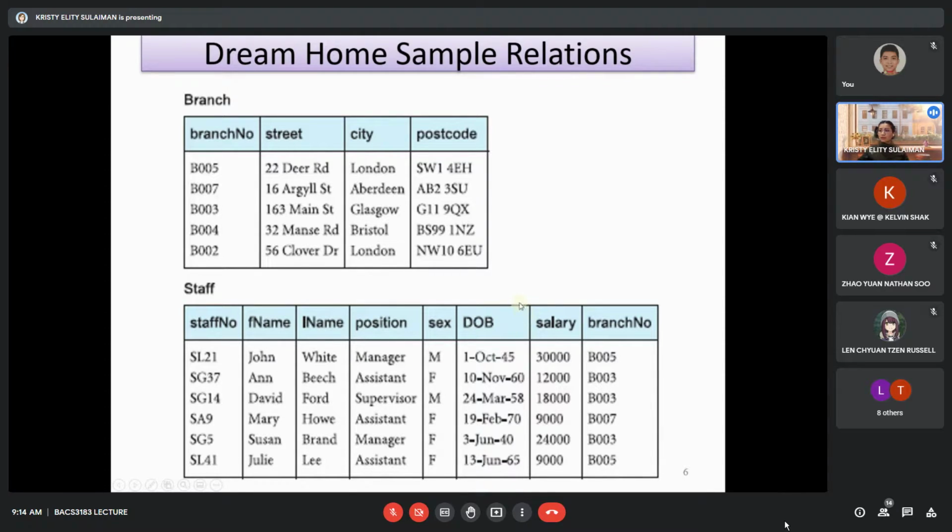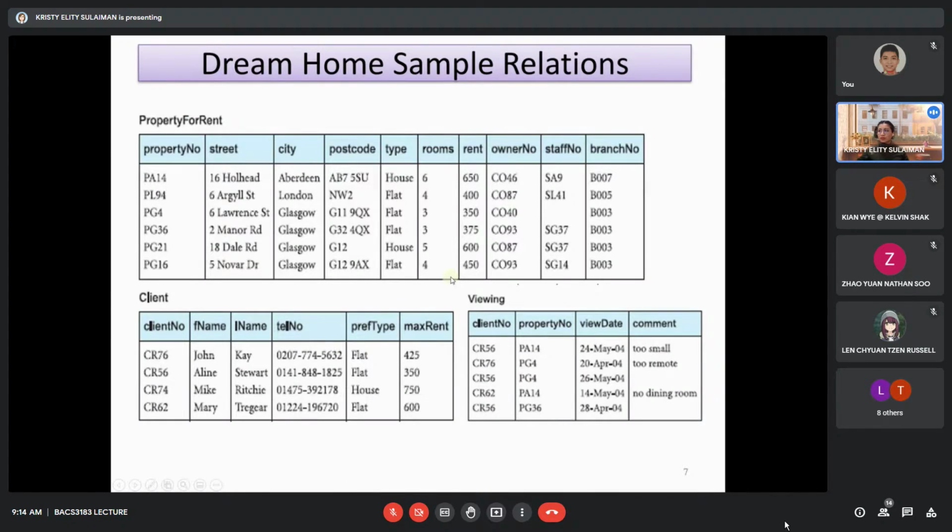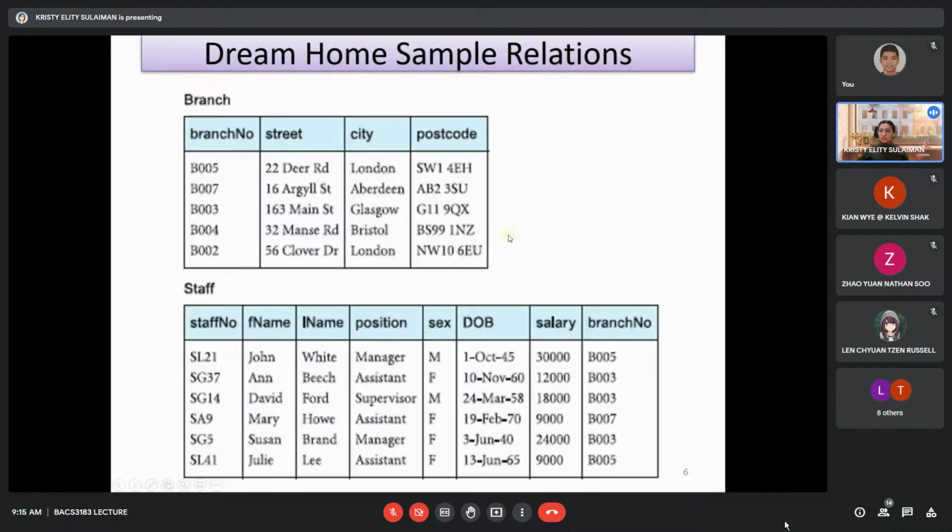We'll be using this data to understand the relational algebra after this. And then the next one, we have property for rent. We also have the foreign key here, staff number, branch number, and then client, and then viewing. The relational algebra that we will look at after this will refer to these tables.